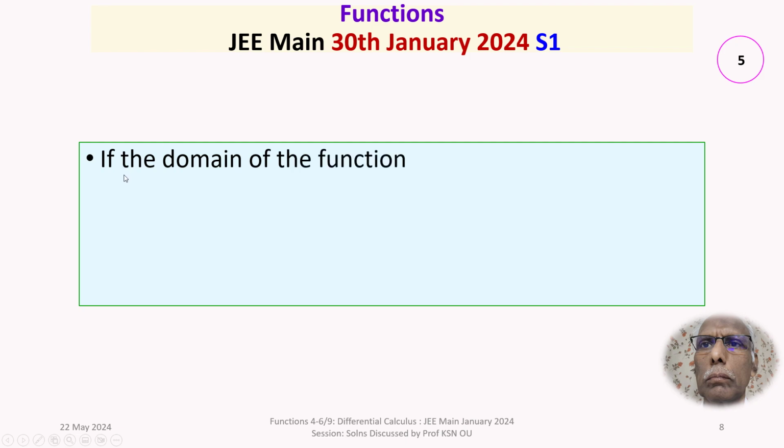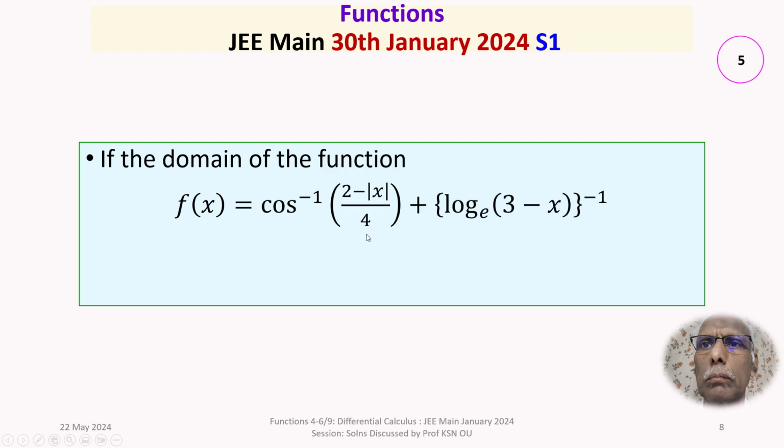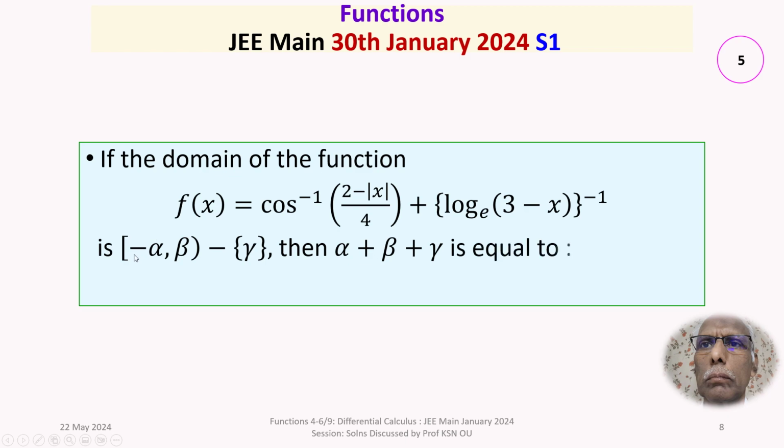The given question is, if the domain of the function f of x is equal to cos inverse of (2 minus mod x) by 4 plus log of (3 minus x) to the base e to the power of minus 1, that is 1 by log of (3 minus x) to the base e, is the semi-closed interval minus alpha to beta, closed at minus alpha, minus singleton gamma.